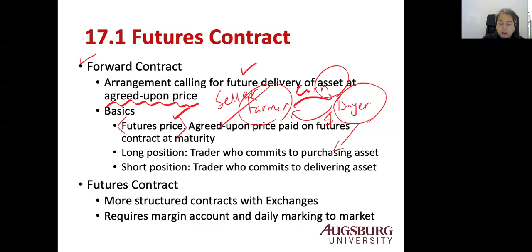We call this position the long position. And the farmer, who wants to sell, is the trader who commits to deliver the asset, so sells the asset, called the short position. So the farmer is the short position.